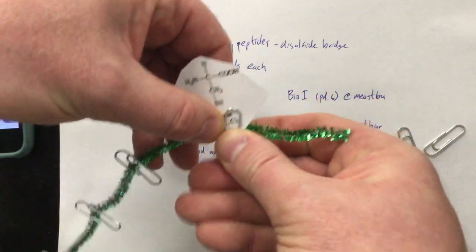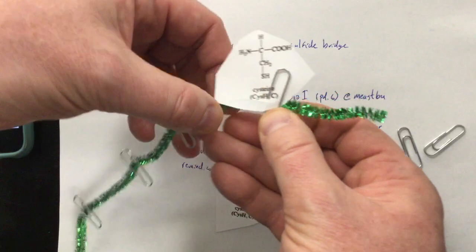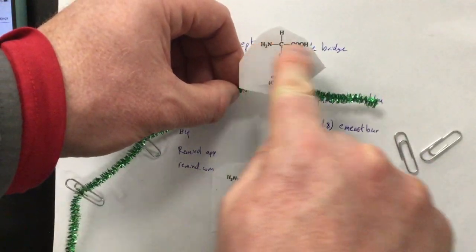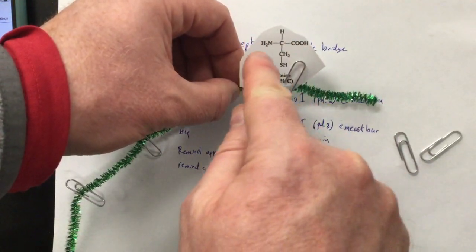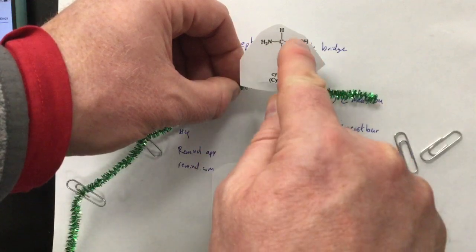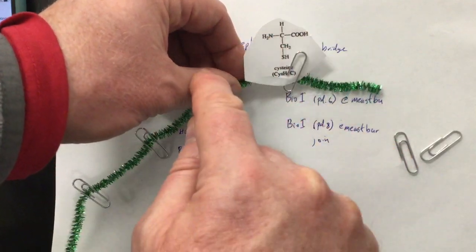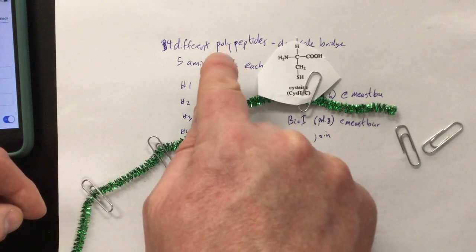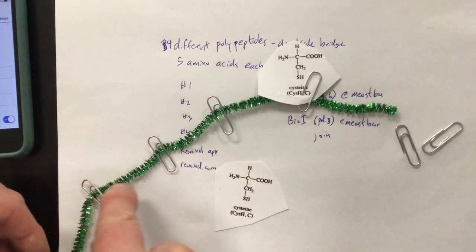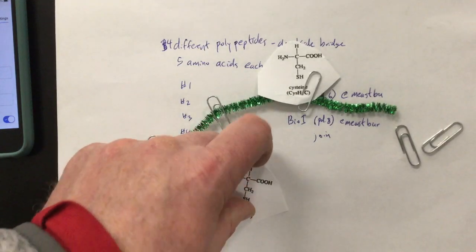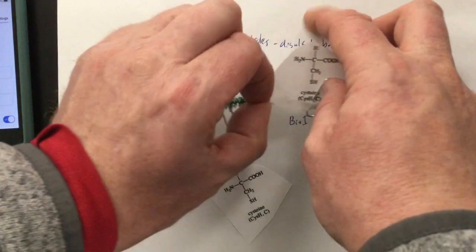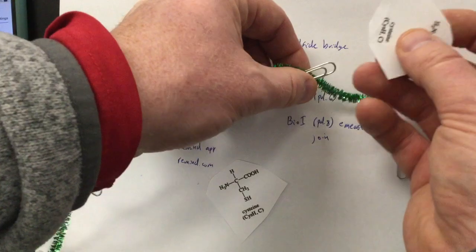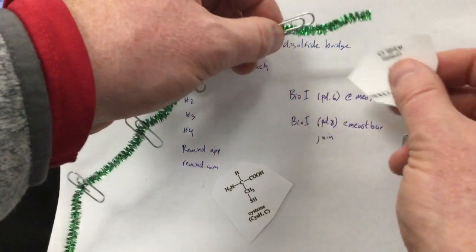Now I understand that this part would really be connected in a peptide bond. I cut off a hydrogen here, I cut off an OH here. This would be linked to the next amino acid with a carbon and an oxygen double bonded. So we would have a chain like that. We don't have to get super into all of that. Oops, and I actually need to do this the other way for my disulfide bridge.